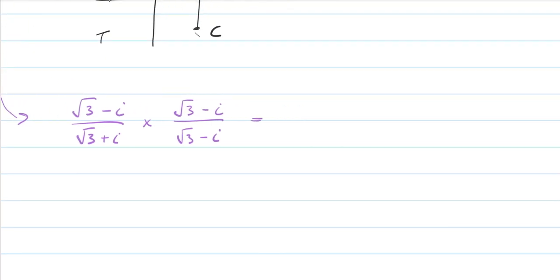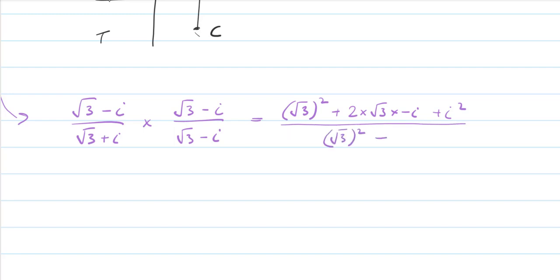I've got a perfect square on top, so I get root 3 squared plus 2 times root 3 times minus i, and then I get plus i squared, and on the bottom I get root 3 squared, that's the difference of two squares, minus i squared.